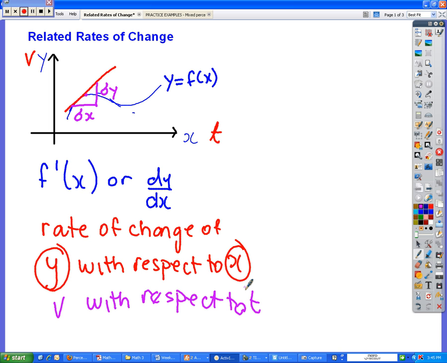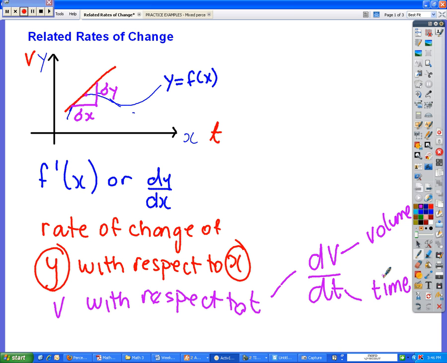How is the volume changing with respect to t? So what would our derivative look like there? We'd see something like this, dV dt, where V is our volume and t is time, whether that was seconds or minutes.